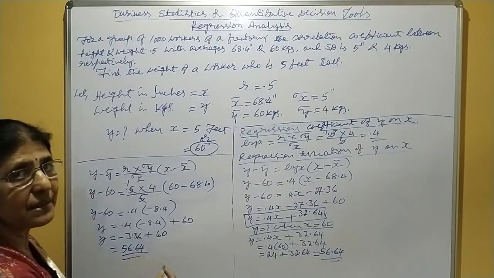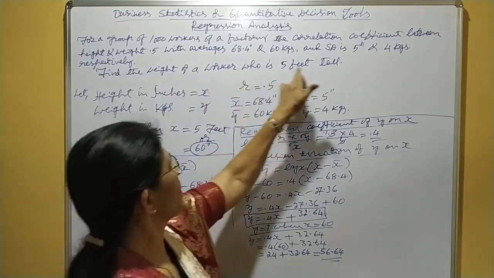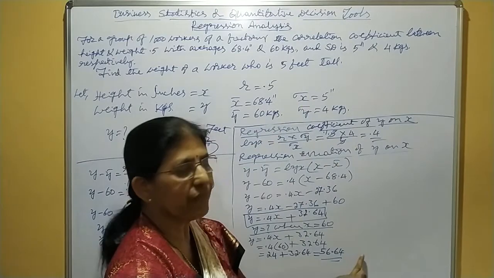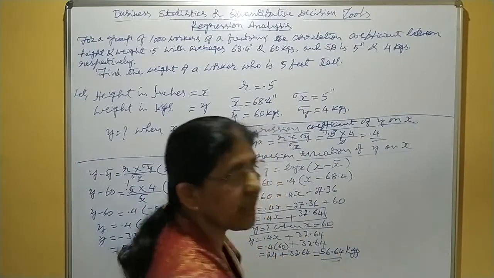See, same answer we will get. Here as usual, the weight of a worker who is 5 feet tall is 56.64 kgs. This answer you have to write.